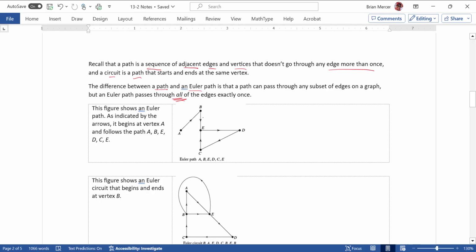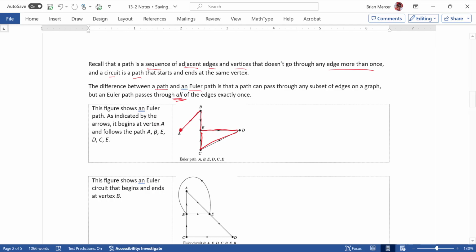This figure here shows us an Euler path, and I think of it this way. Wherever you start, and we're starting here at A, you've got to color in every single edge. If we follow the arrows, we went to B, then to E, then to D, then back to C, then up to E. So that's a path, not a circuit.